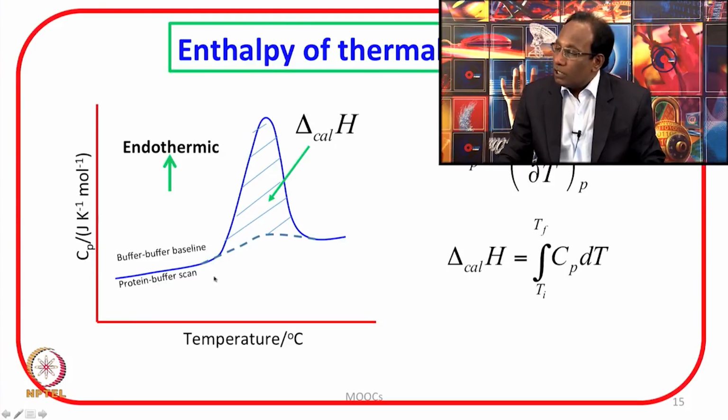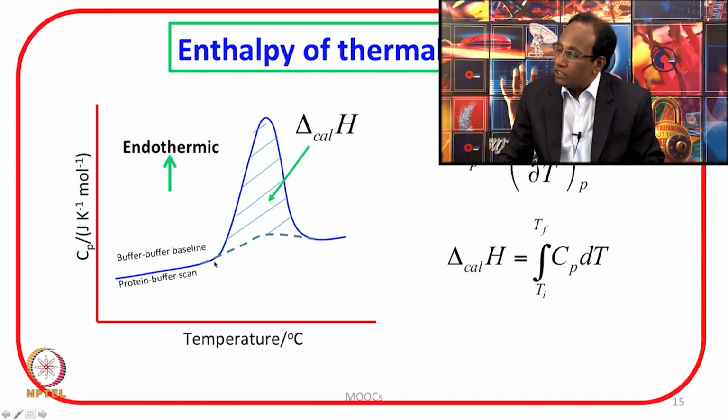So, if I choose the integration limits, let us say I choose this as Ti and this as Tf, then the value of the integral is the area under the curve of Cp versus T within the limits Ti to Tf. And that is what is shown over here.